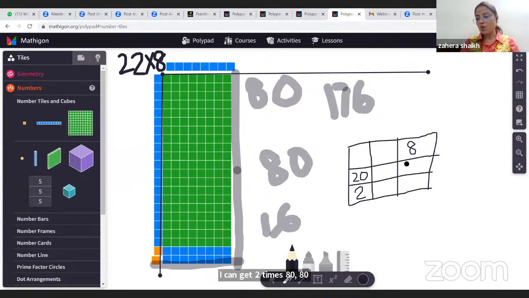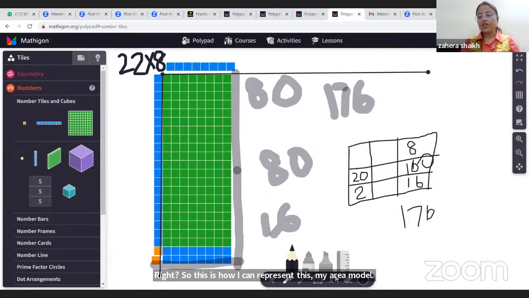Altogether, I get 160. And if I multiply these 2 unit blocks with 8 unit blocks, I get 16 unit blocks. And altogether, I get 176. So this is how I can represent my area model, or you can say the array model.